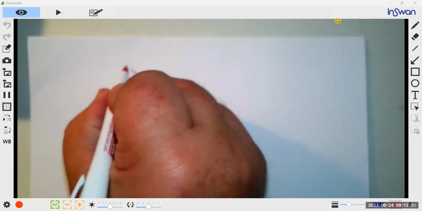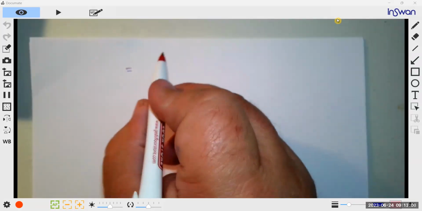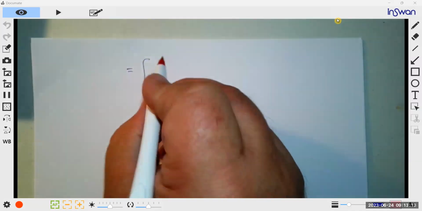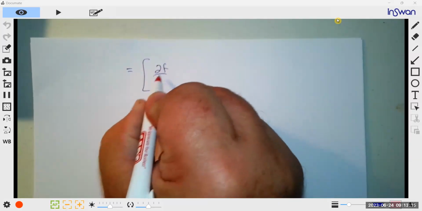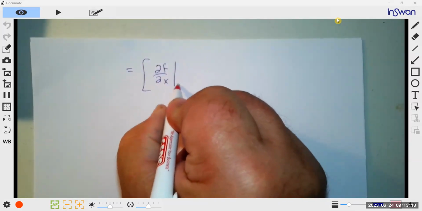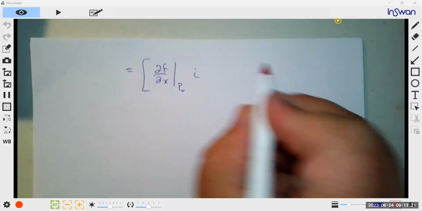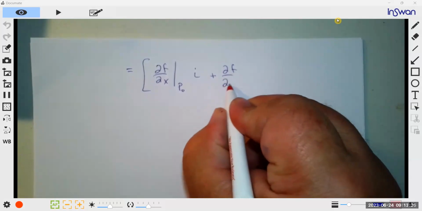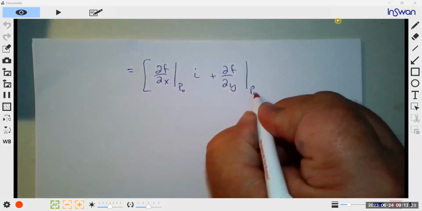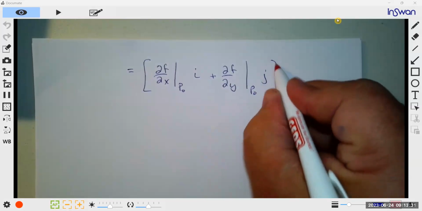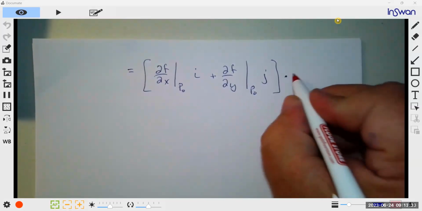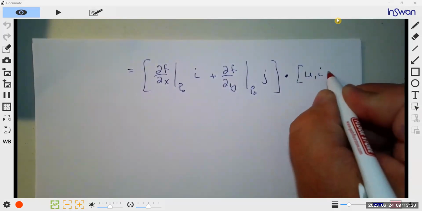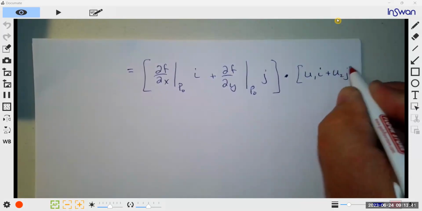What that equals, because now we have to put it in terms of i and j, is the partial of f with respect to x at P sub 0 i, plus the partial of f with respect to y at P sub 0 j, dot u1 i plus u2 j.